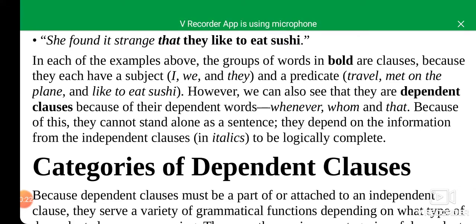So they are clauses if they have a subject and predicate, and if they give their meaning without the help of any other sentence, they are independent clauses. But if they depend for giving their complete meaning on an independent clause, they are dependent clauses.